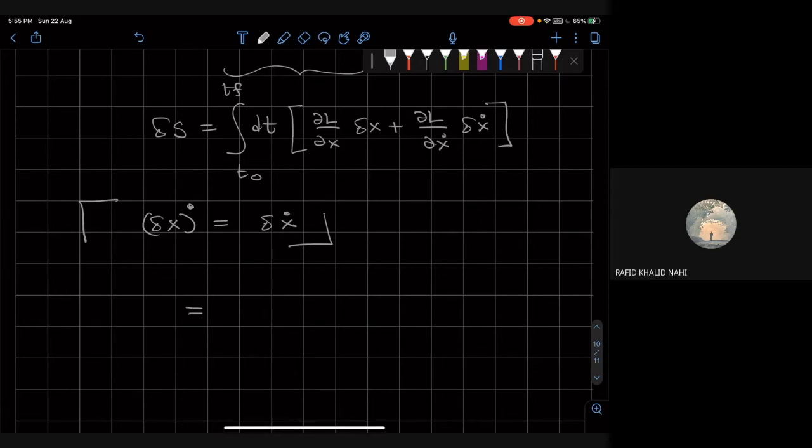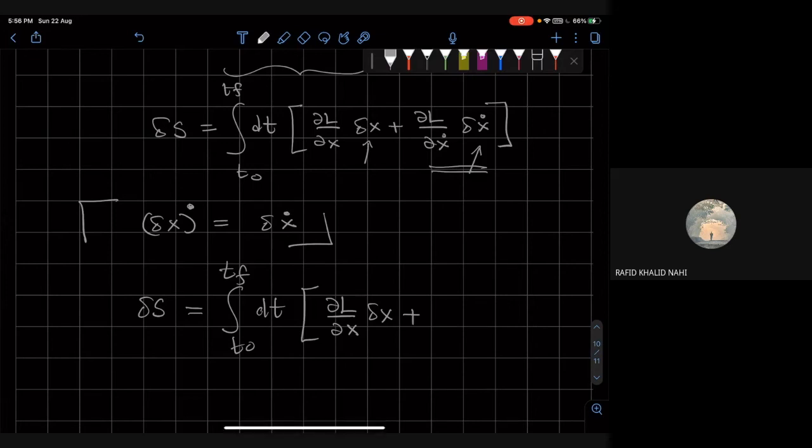So I'm going to use that. Now the second term has delta x dot, but I want all terms to have delta x in them. So I'm going to do an integration by parts for this term. So delta of S is the integral from t0 to tf of dt. The first term remains the same, partial L by partial x, delta x.